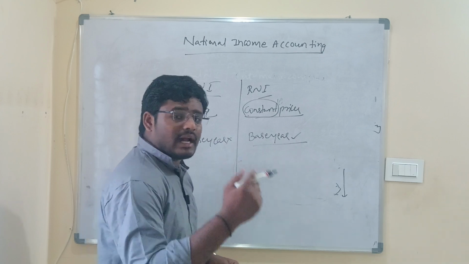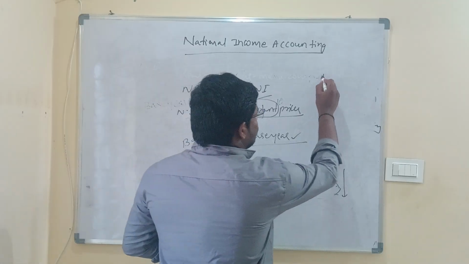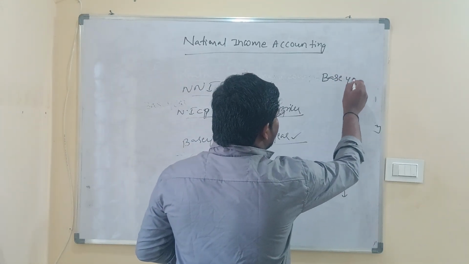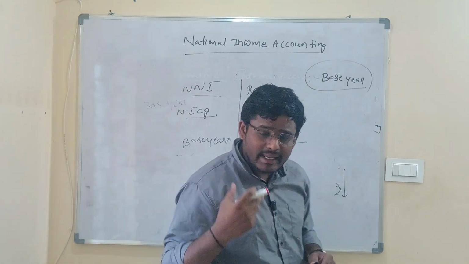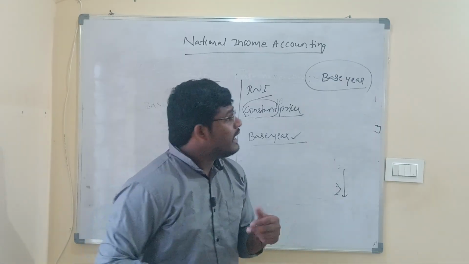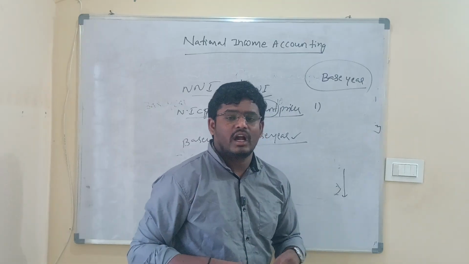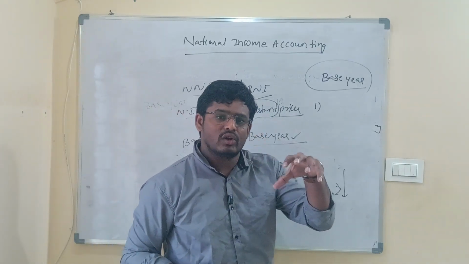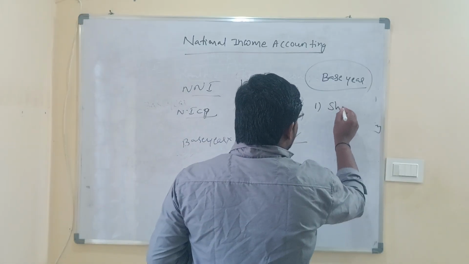Now let us understand one more important concept, with regard to the topic of base year. What exactly is the base year? How does the government select the base year? What is the criteria? Do we have any criteria? The first criteria with regard to selecting a particular year as base year is that it should be a normal year.